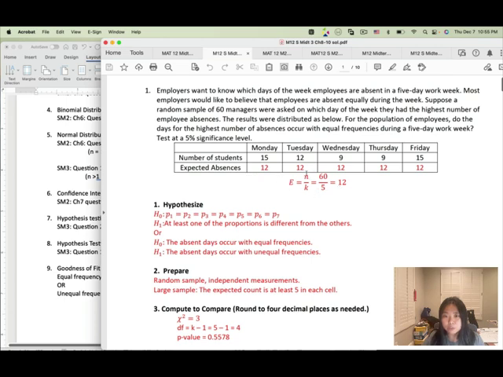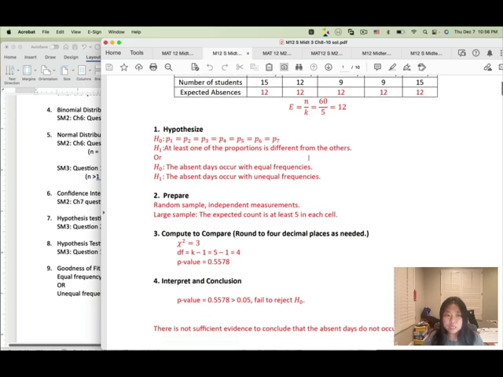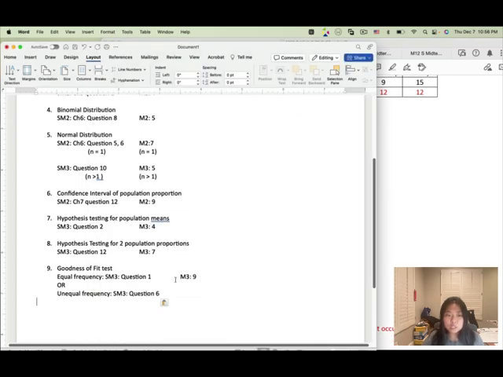The expected frequencies will be equal to each other. You could use the calculator to find the test statistic, state the degrees of freedom, and also the p-value. One more time, for the prepare, talking about the condition, write down what the requirement is for the goodness of fit test, either equal expected frequency or unequal expected frequency.